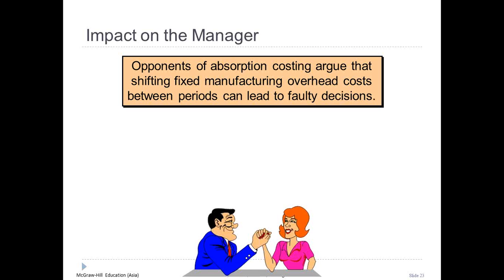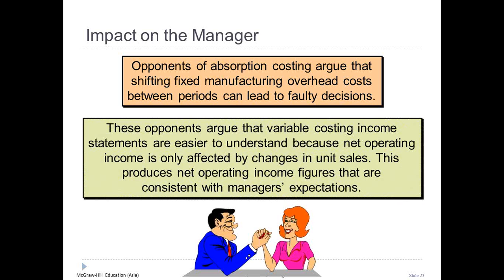These opponents argue that the variable costing P&L statements are easier to understand because net operating income is only affected by changes in unit sales. This produces net operating income figures that are consistent with managers' expectations. So some people support variable costing, some people support absorption costing.